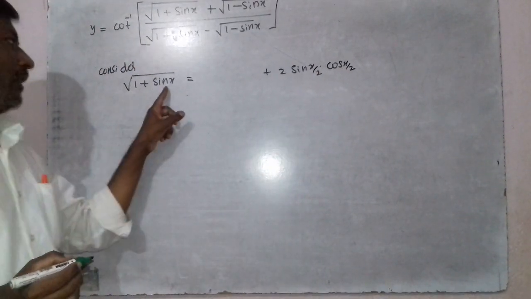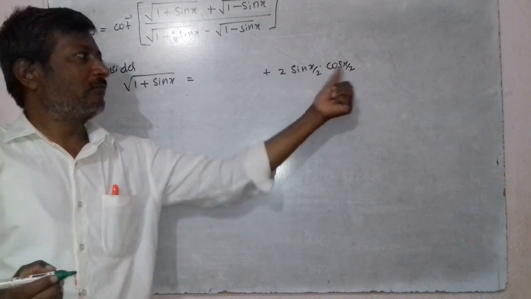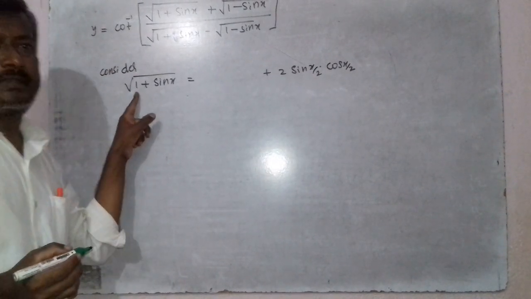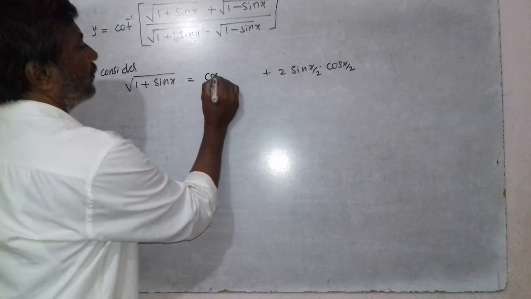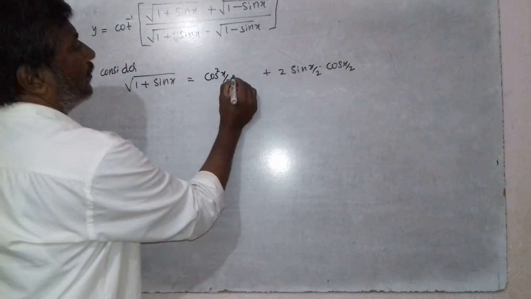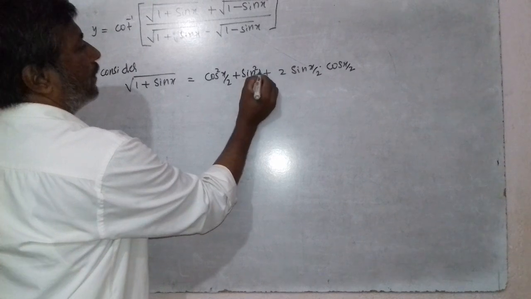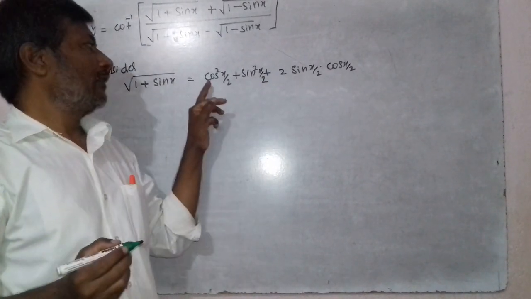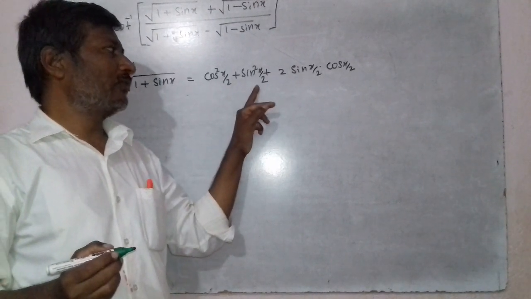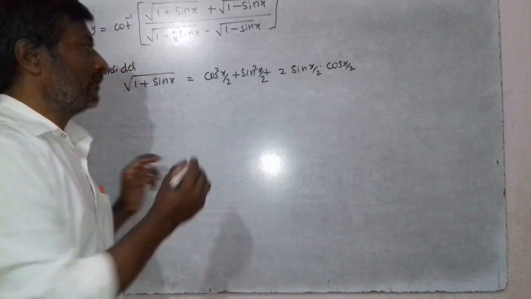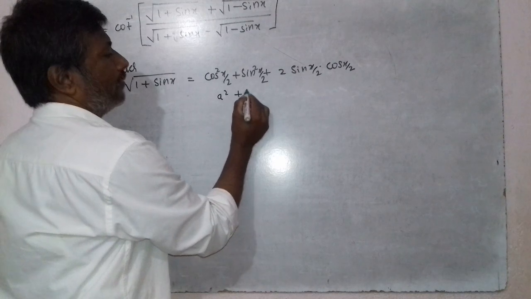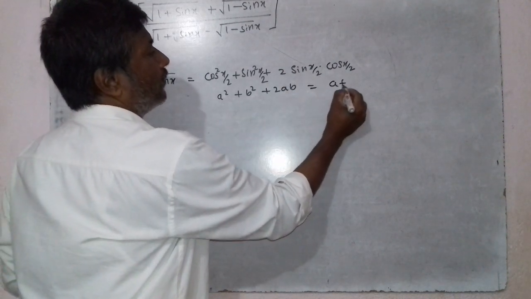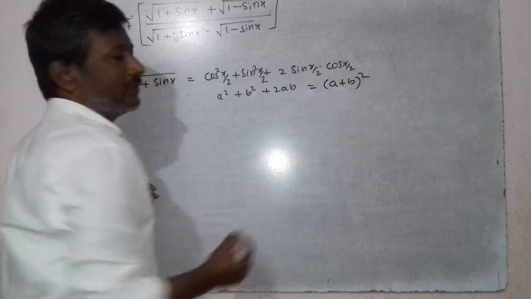So therefore, according to this, x/2, we have to adjust the 1 in terms of sin and cos, that is cos²(x/2) + sin²(x/2). Now it is of the form a² + b² + 2ab, which is equal to (a + b)².